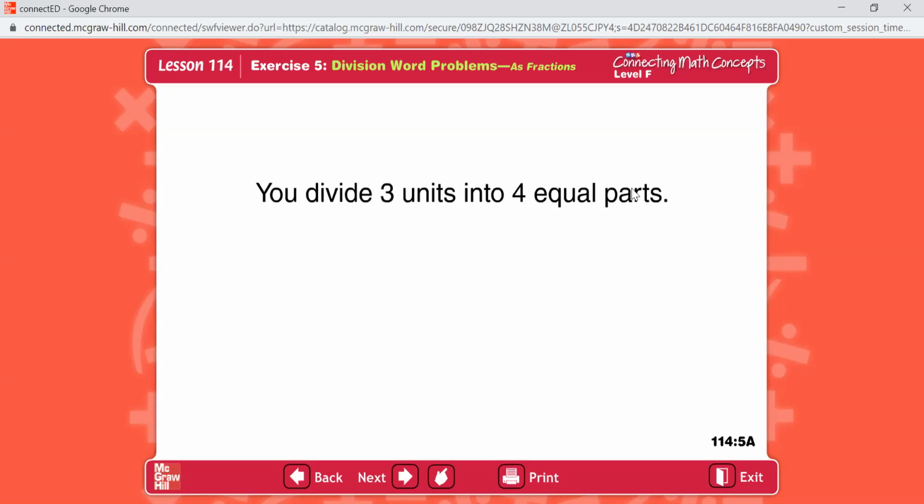Say the problem for dividing 3 units into 4 parts. The problem for dividing 3 units into 4 parts is 3 divided by 4. What's the fraction for 3 divided by 4? The fraction for 3 divided by 4 is 3/4.